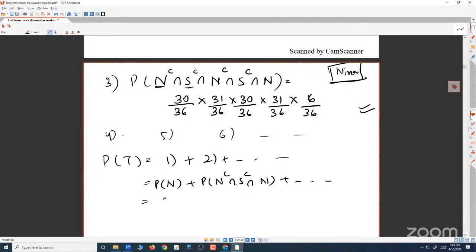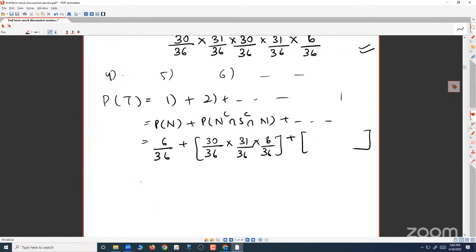Then similarly, all the probabilities. So for the first one, it is coming out to be 6 by 36. Then this one is basically 30 by 36 into 31 by 36 into 6 by 36. Similarly, I am getting this value 30 by 36 and so on. So in the equation, I am getting 6 by 36 as the common term.